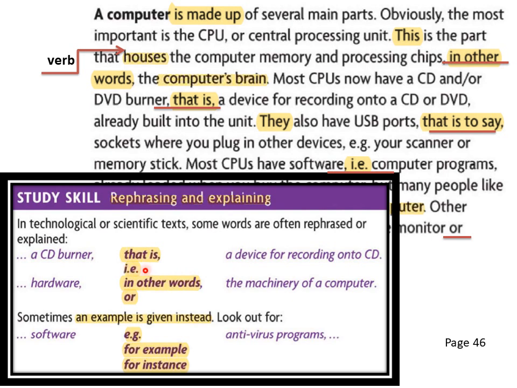Or i.e., for example, hardware, in other words, the machinery of a computer. Sometimes an example is given instead. So look out for software, e.g., or for example, for instance, an antivirus program.